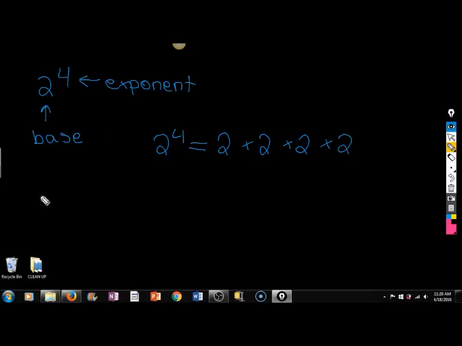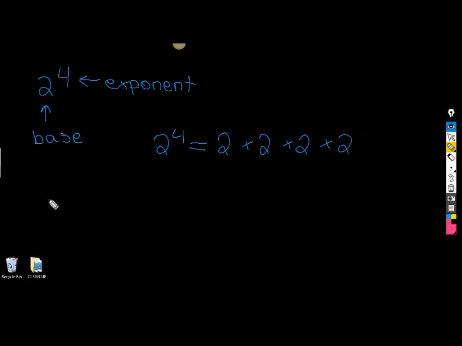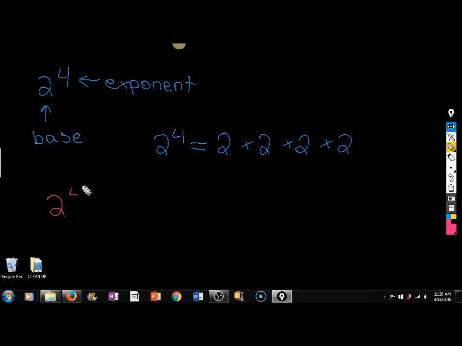Now let's consider the multiplication of two exponential expressions, such as 2 to the fourth times 2 to the third. In this problem, we are multiplying 4 factors of 2 and 3 factors of 2.